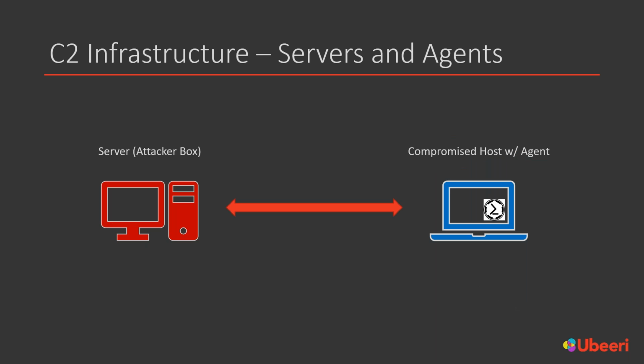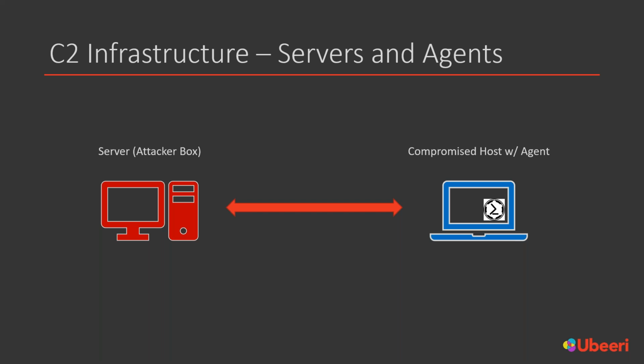So this is the most basic C2. You need a server side, the attacker side that is, a compromised side with an agent on it, which is what talks back to the attacker's server, and then just some communication in between.